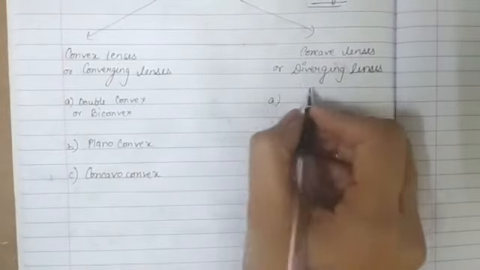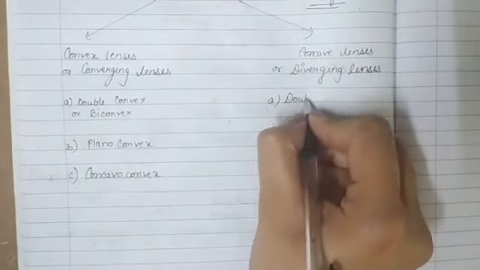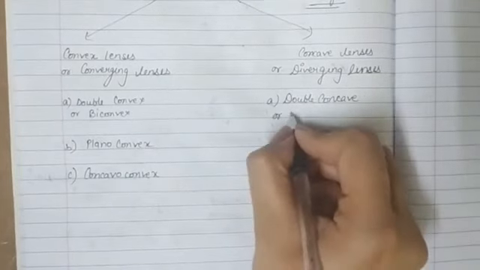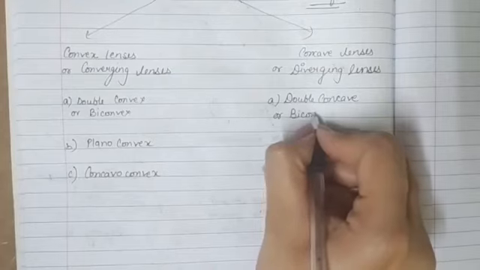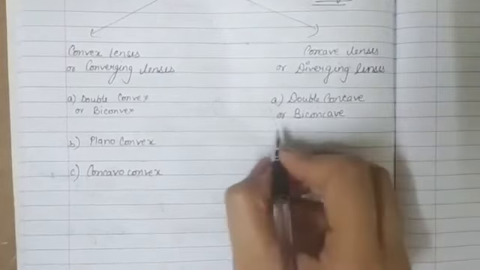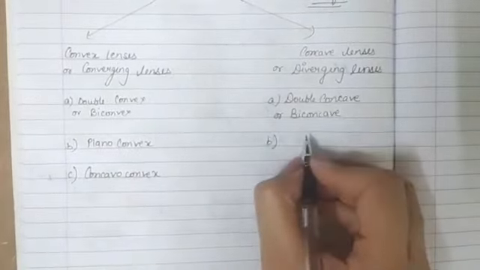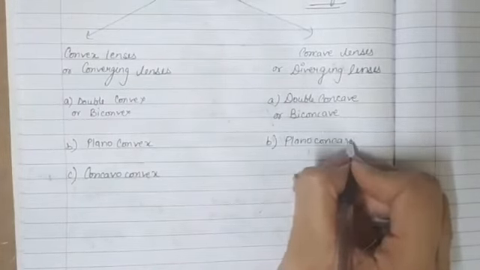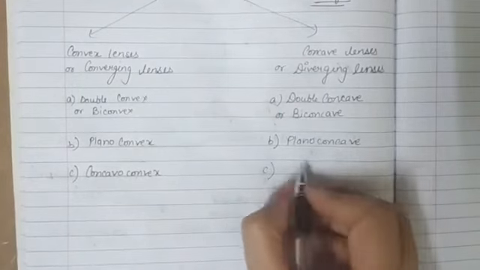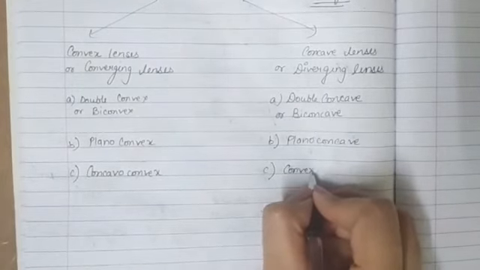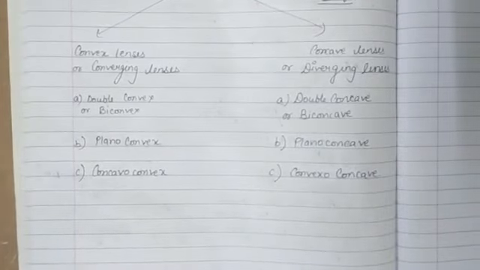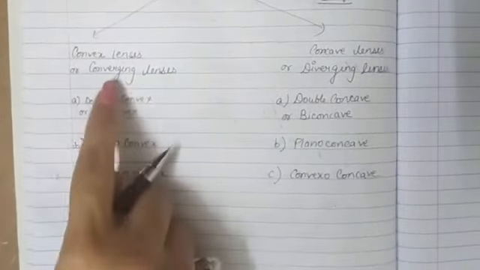Similarly, in case of concave lens, it is double concave or biconcave lens. Second one is the plano concave lens, and the third one is the convexo concave lens.